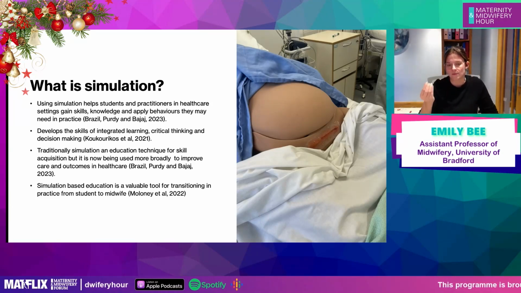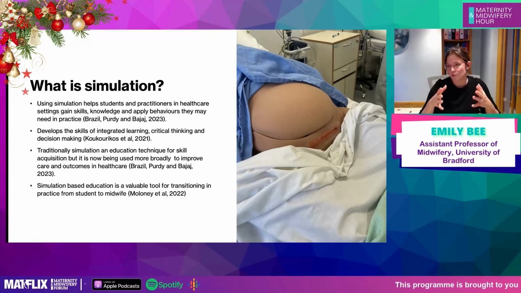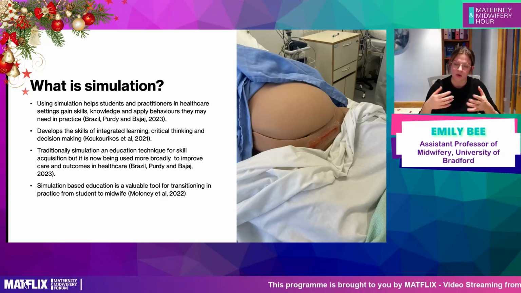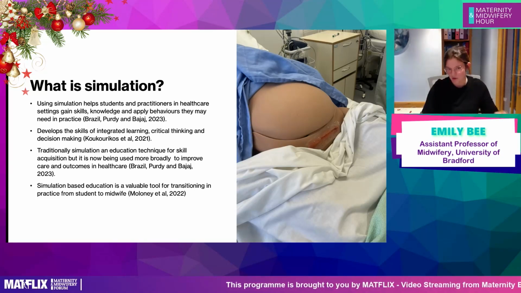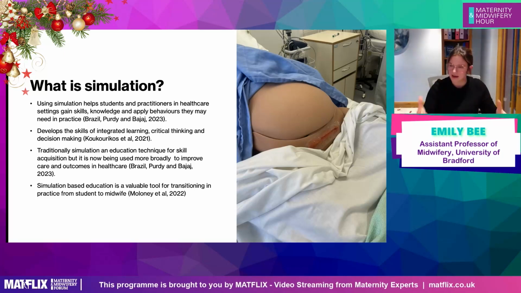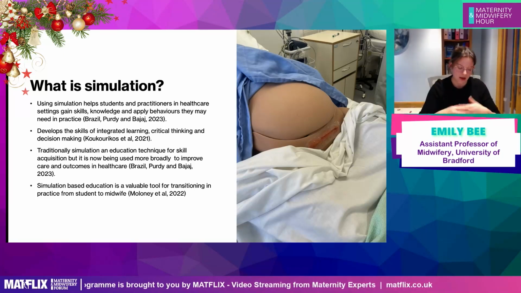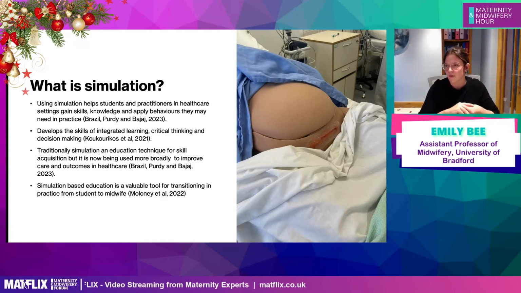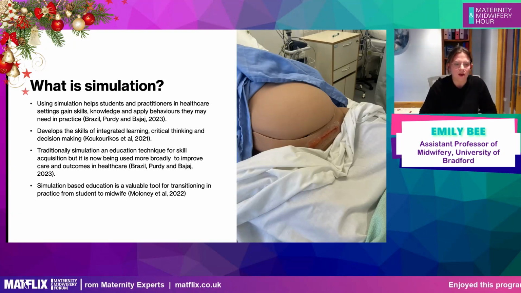And the big thing with simulation is it provides a safe space for healthcare students and practitioners to learn a skill in real time, and have that safe space to make mistakes, to learn from them, but to also immerse themselves in that real time scenario, which can be really valuable.